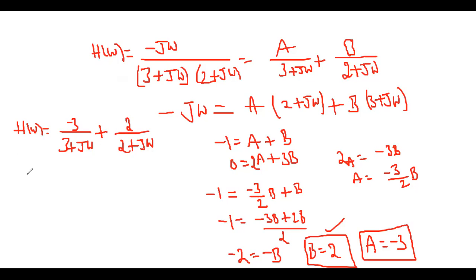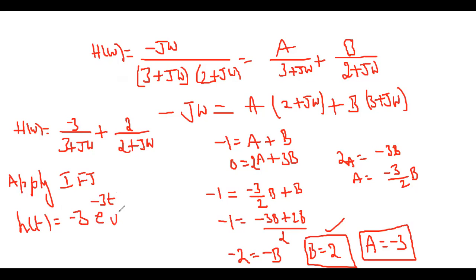So H of omega, now we can apply the inverse Fourier transformation. It is in the form of 1 by A plus j omega and 1 by A plus j omega. Apply the inverse Fourier transformation. H of t is equal to the impulse response. H of t is equal to minus 3 is a constant, and it is in the form of 1 by A plus j omega, e power minus 3t mu of t, plus 2 is a constant here, and 2 plus j omega, e power minus 2t mu of t.